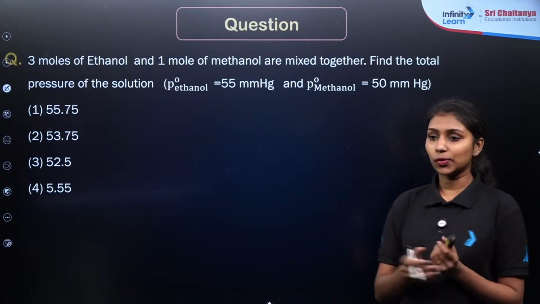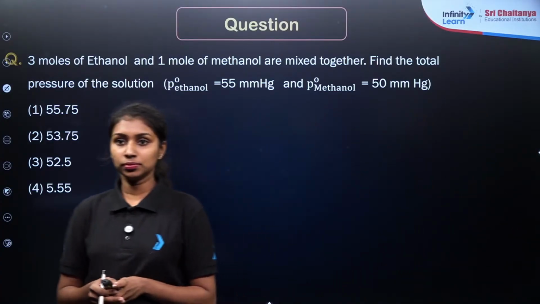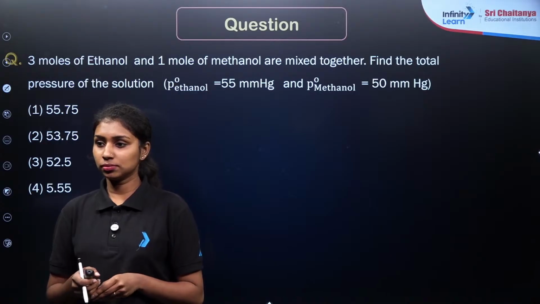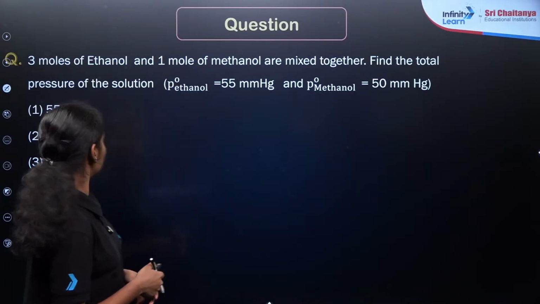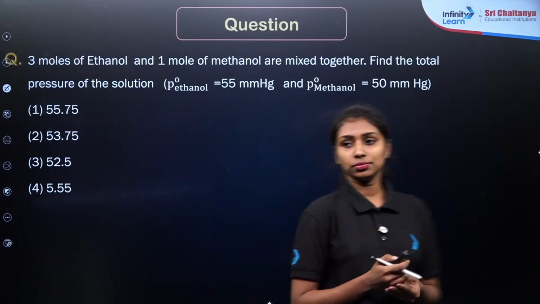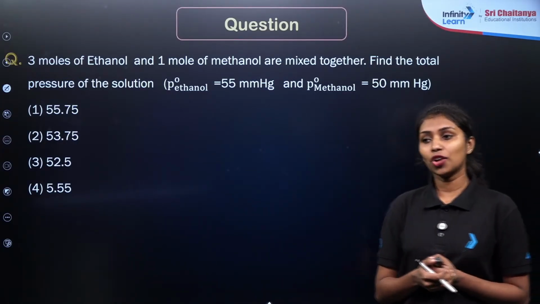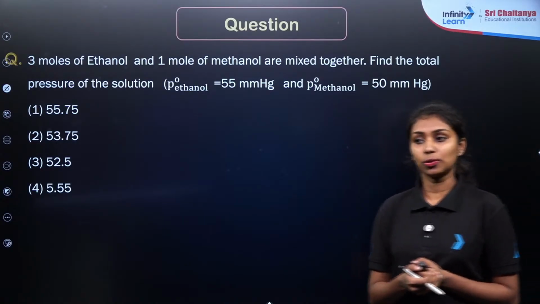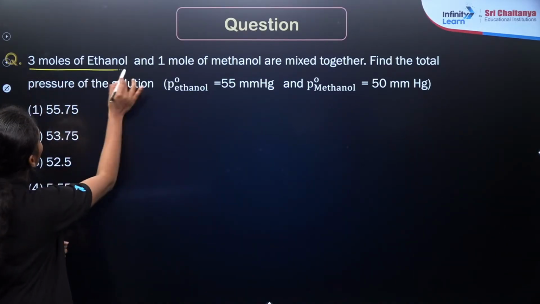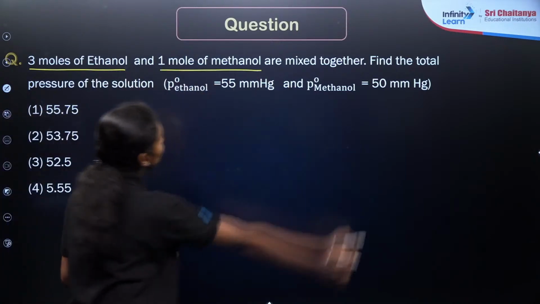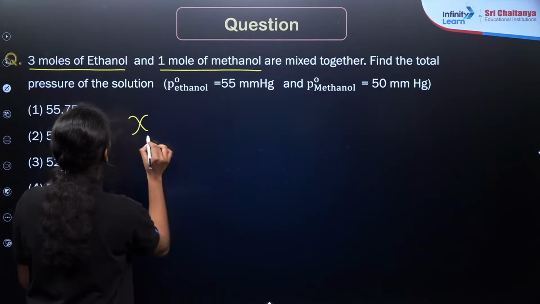Okay, what will be the answer for this question? How can we solve this according to Raoult's law, right? The number of moles is given here, 3 moles of ethanol mixed with 1 mole of methanol. So first we need to find the mole fraction here. First I am taking the mole fraction of ethanol.